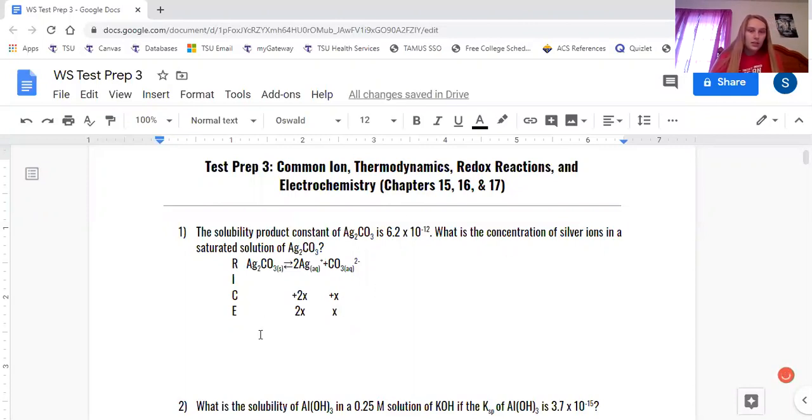So we can use our Ksp equation to find this. Ksp is going to equal the concentration of our Ag plus times the concentration of the CO3 2 minus. We can plug in what we do know. They gave us the Ksp.